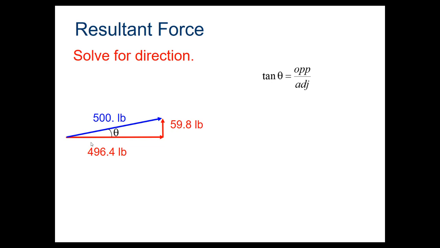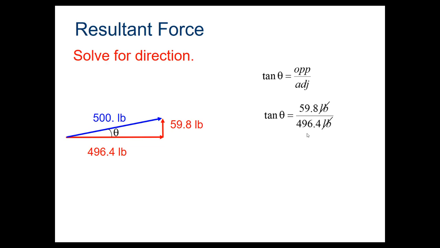So we know tangent of the angle is equal to the opposite over the adjacent. And so we're going to get this ratio. To solve for the angle, we know the tangent of the angle equals this ratio, so we need to undo that tangent operation. It's not an algebraic operation. We're not multiplying, dividing, adding, subtracting, so we don't really have a good algebraic way to solve this.